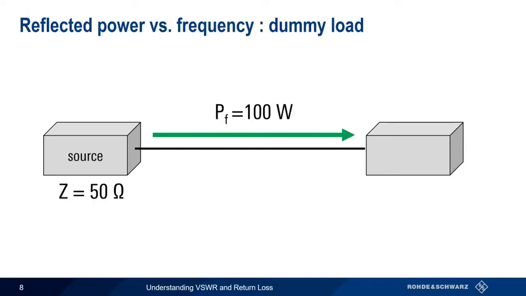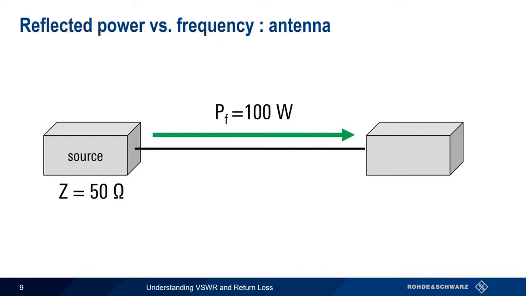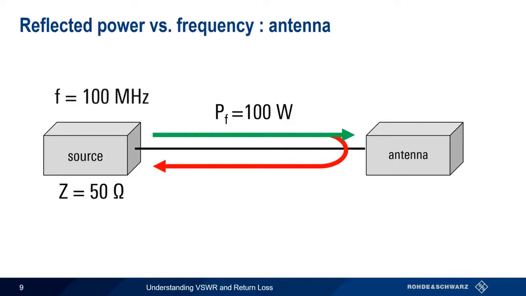So if we were to use our mostly resistive dummy load as a load, the level of reflected power would remain low, and roughly the same even as we change the frequency from 100 MHz to 200 MHz, 500 MHz, or even a gigahertz. If, however, we use our antenna as the load, the level of reflected power will be a function of frequency. In this example, at 100 MHz, the reflected power is only 4 watts.